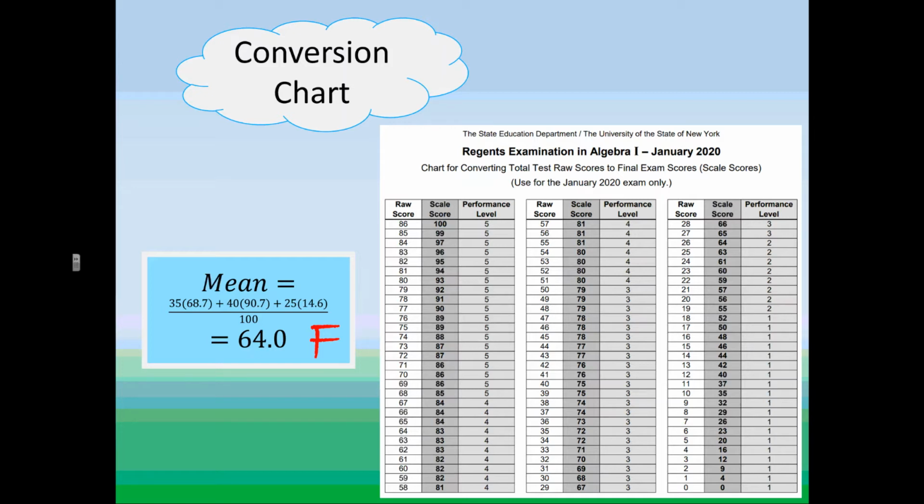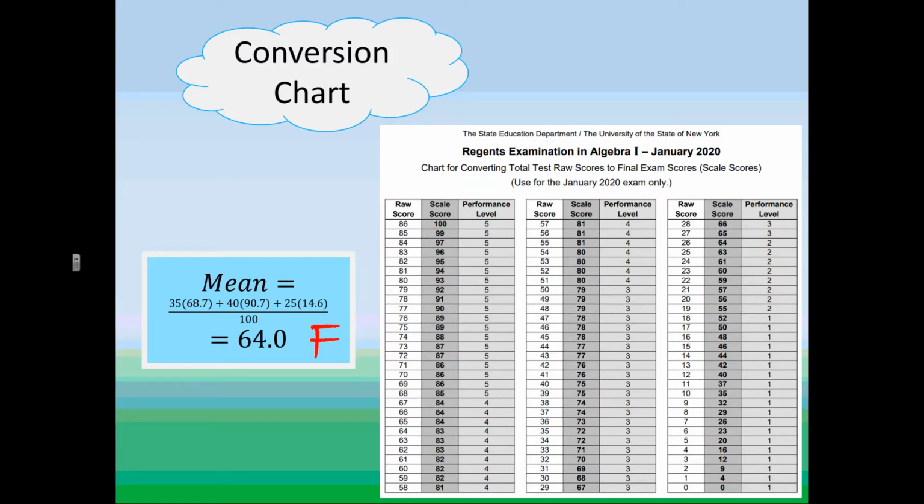Some people have the legend that these conversion charts are written by people who study the questions and the past performances of students and the field tests of the specific questions put on the test. Other people think it's just complete magic.